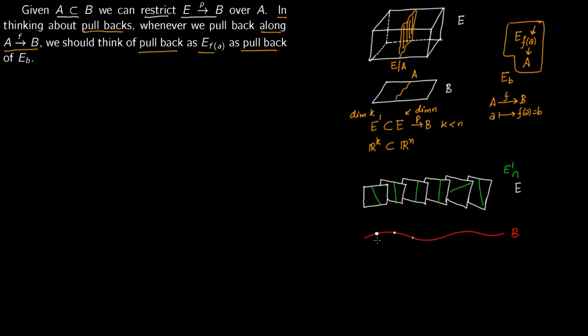Say this base point is B, then let me write in different colors. This entire space is E of B, and this green one is E prime of B. So E of B, which is this entire white square, contains this line which is green. So this E prime is a sub bundle of E.